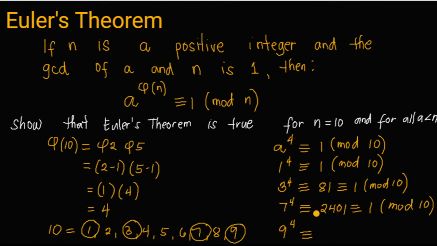So 9 raised to 4, that's equal to 6,561. And that will also give us a remainder of 1 when we divide it by 10. Okay? So meaning, pwede nating magamit yung Euler's theorem, di ba? This is true for n is equal to 10 and for all a is less than n.